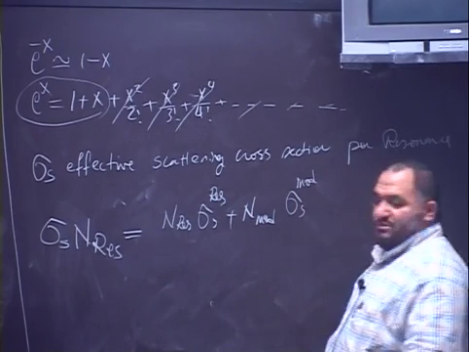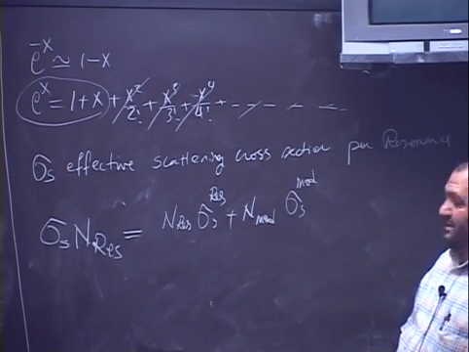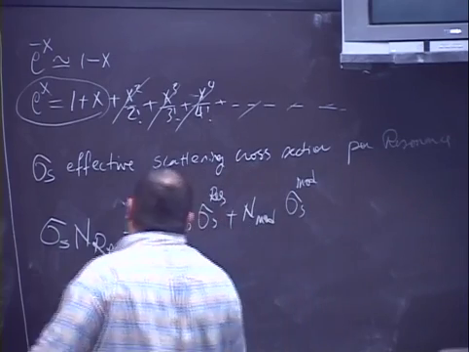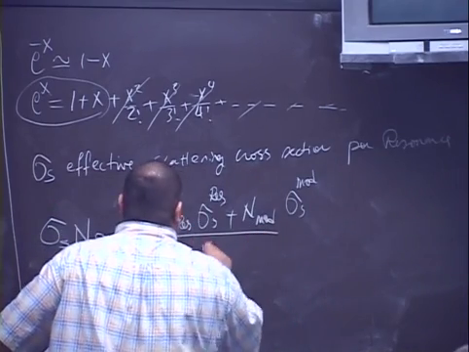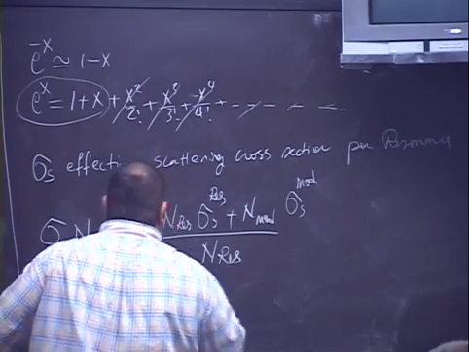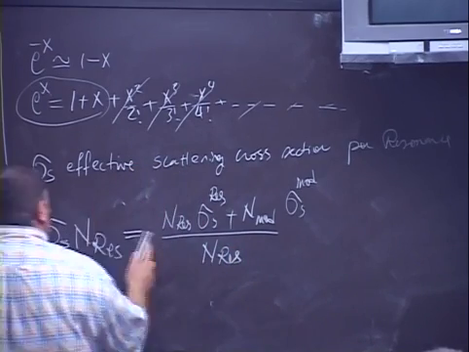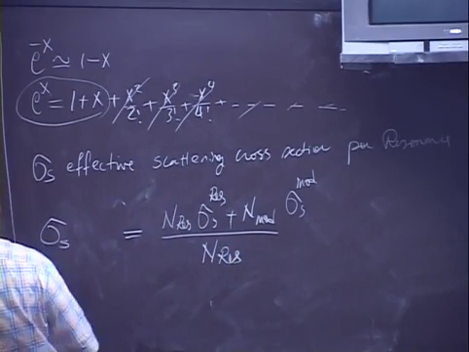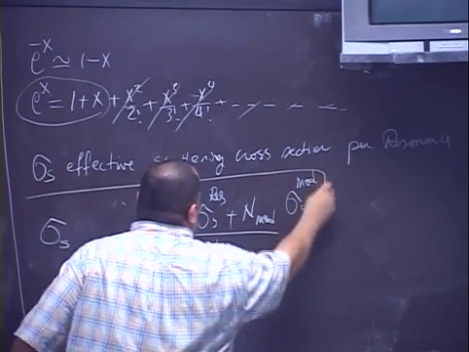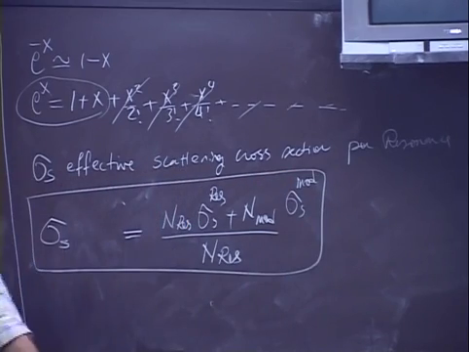So it's just an averaging process. Yes? So we can just divide this by N resonance and this will give us the effective scattering cross section per resonance nucleus.